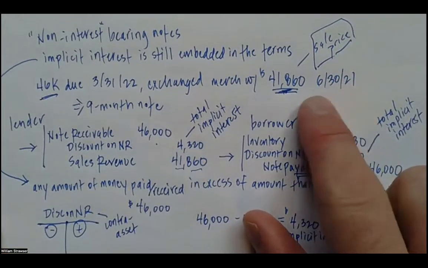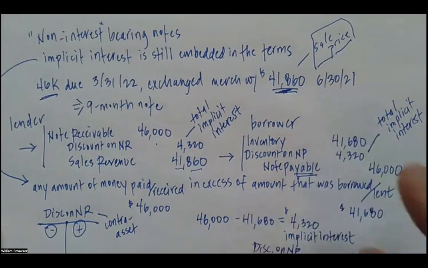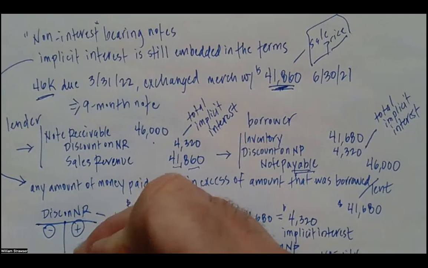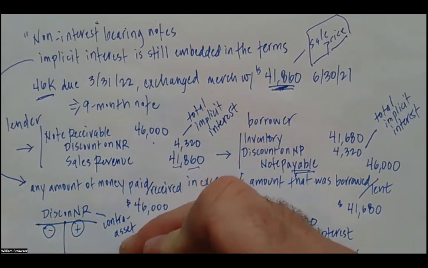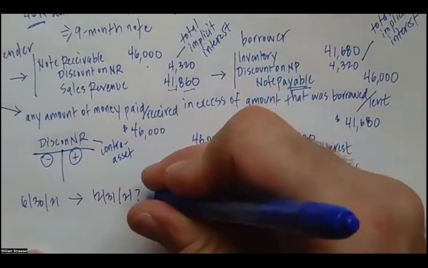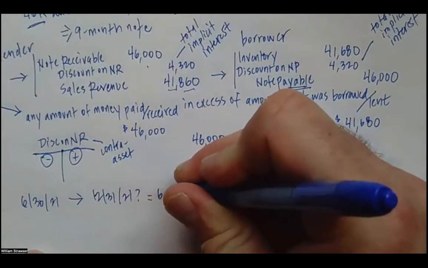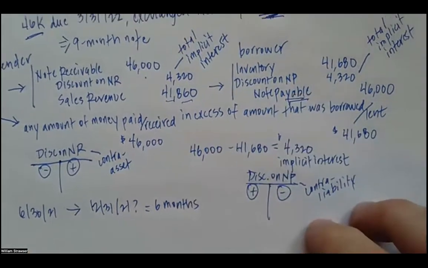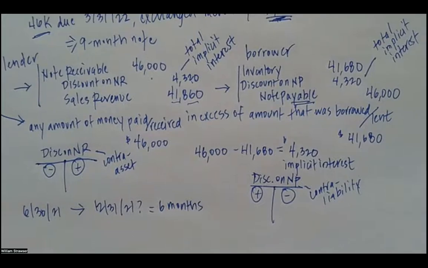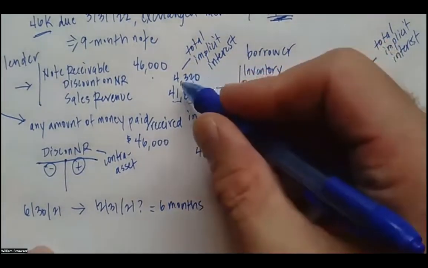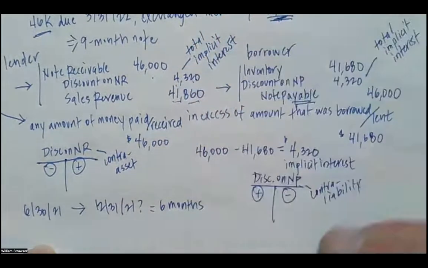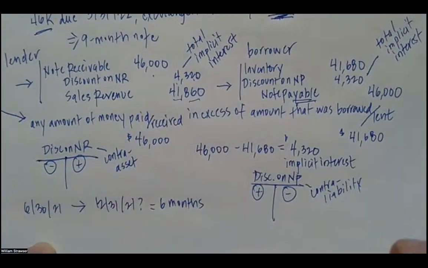This note was signed on June 30th. So how many months have passed from June 30th to 12/31/21, right? So 6 months have passed. And I have $4,320 of interest that needs to be recognized over 9 months.